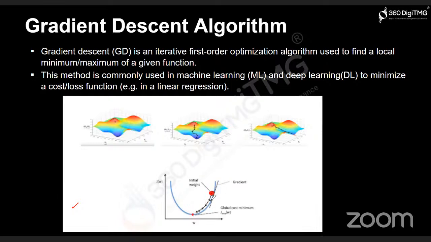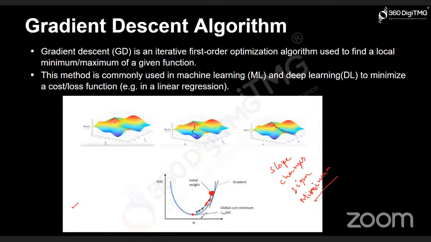So we continuously keep moving. When the slope of the function changes sign, at the position where it changes sign, we'll say that is the minima value, the minimum.